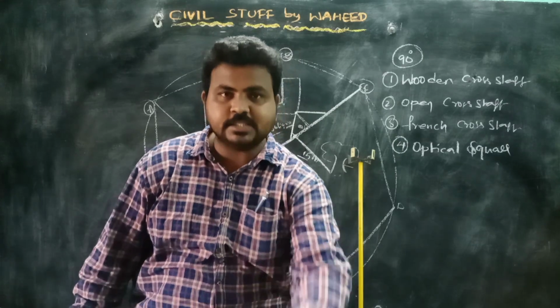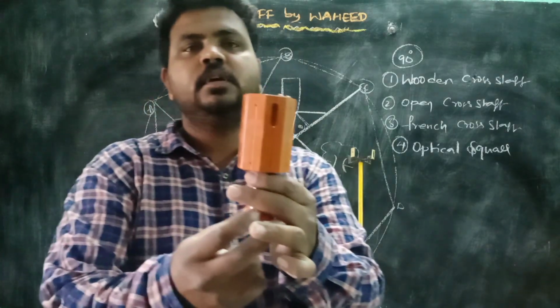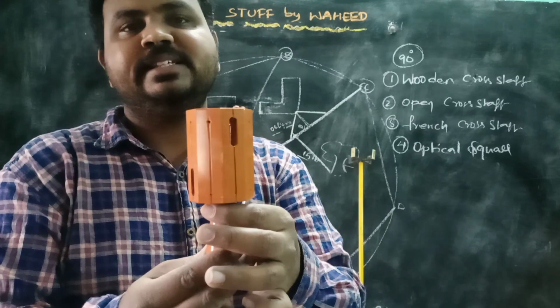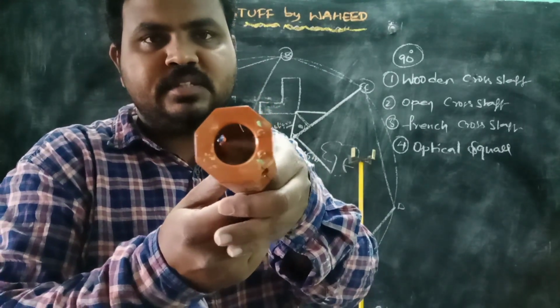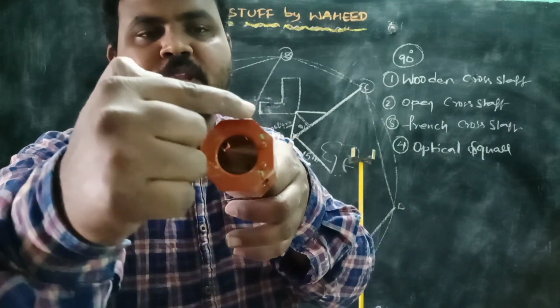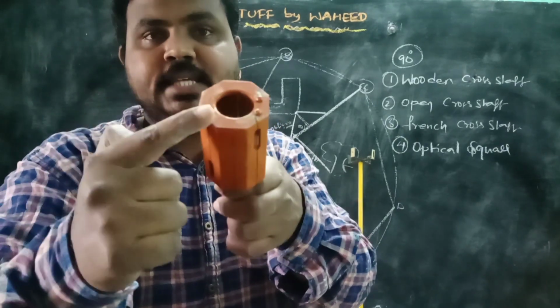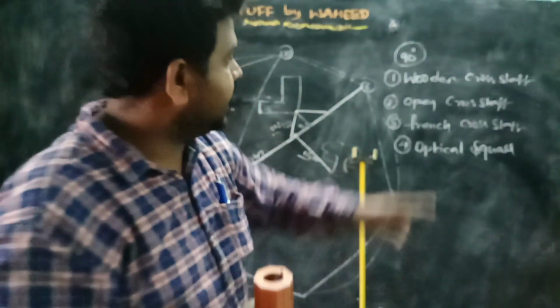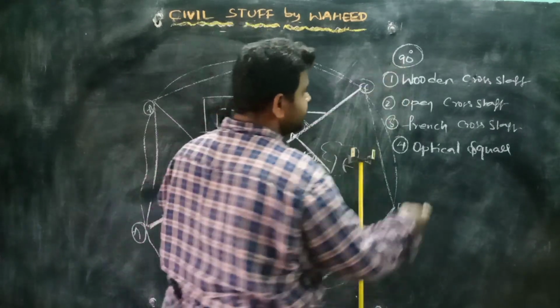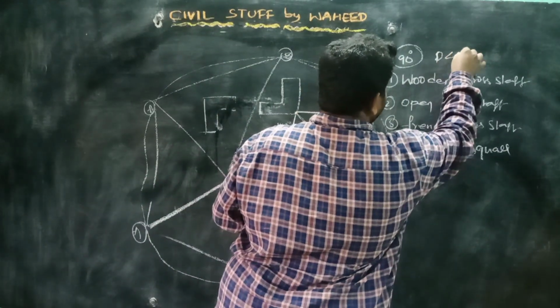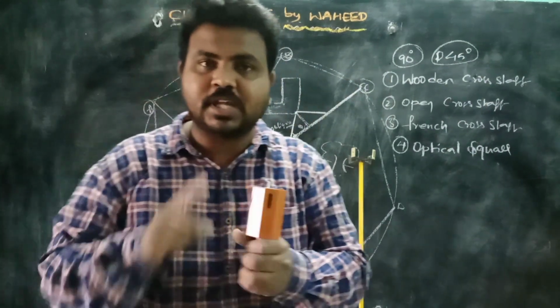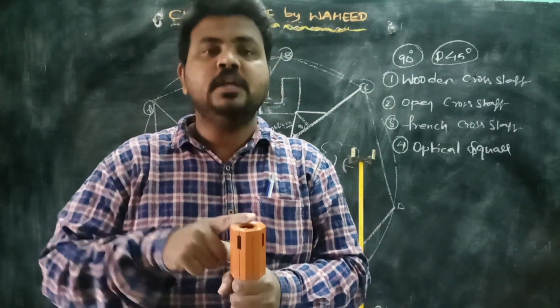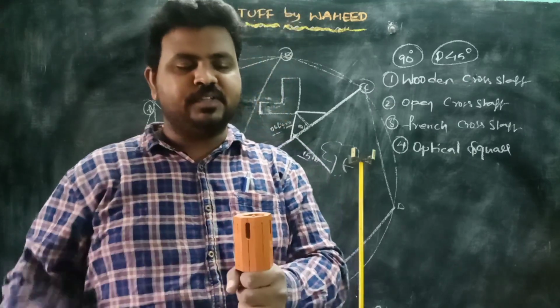Where if you see this French cross tab, this is an octagonal shape where you can set 90 degrees and 45 degrees cross tab offset also. 90 degrees offset can be set with this one, and 45 degrees offset also can be set with this one.